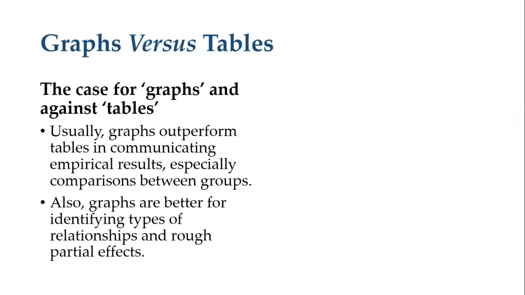Okay, now we're going to move to a more technical level. What should we use? Should we use tables, or should we use figures, or should we use both? There are people who think that we should use graphs or figures instead of tables, because figures tend to be more powerful to communicate the results of an empirical analysis.